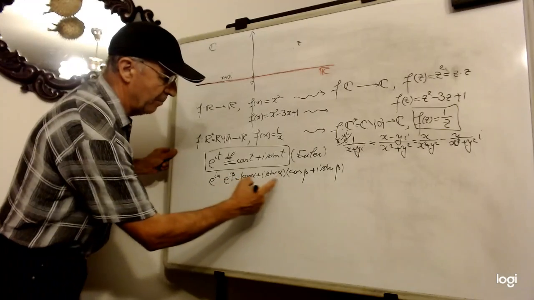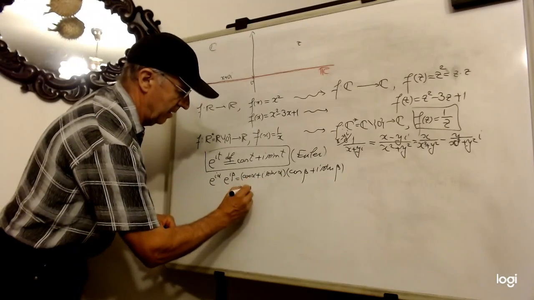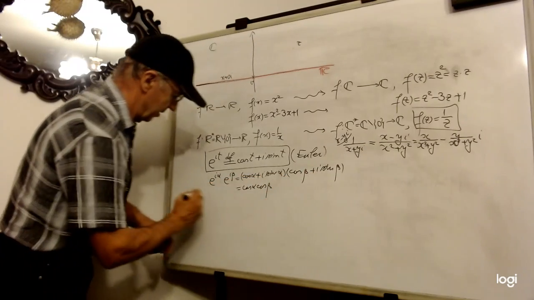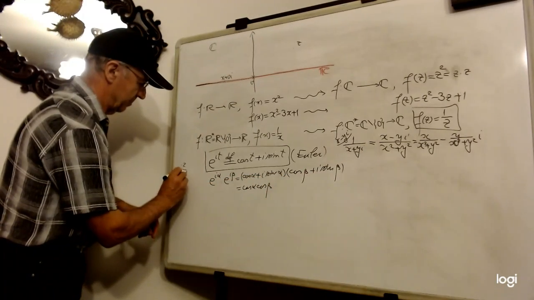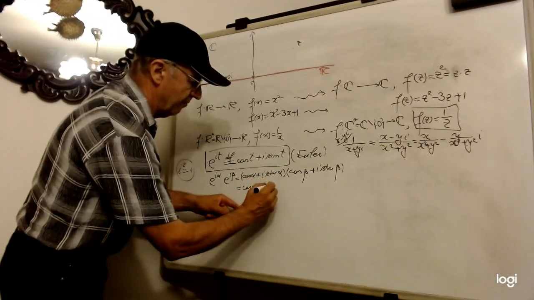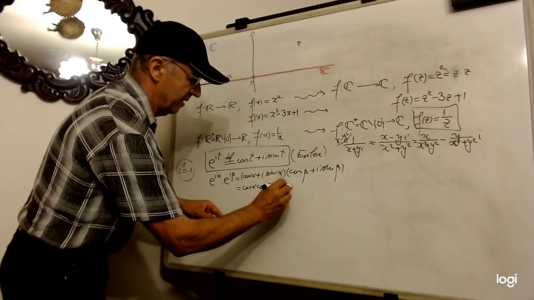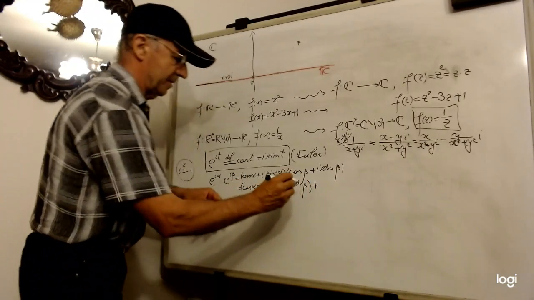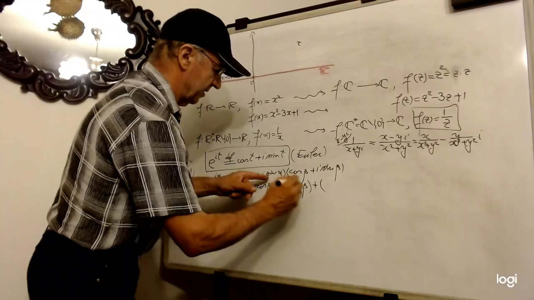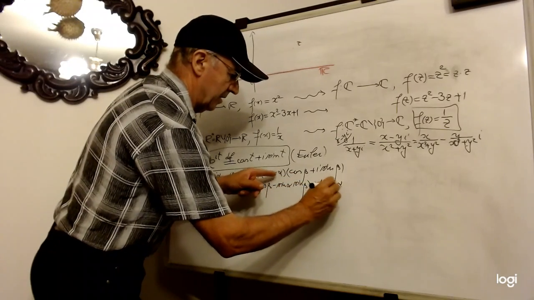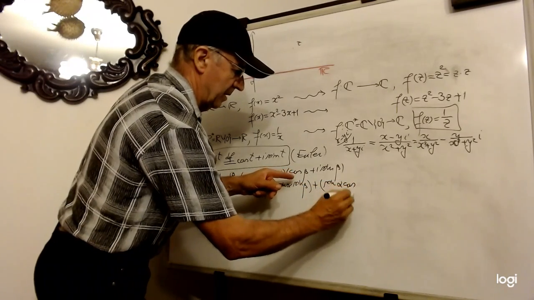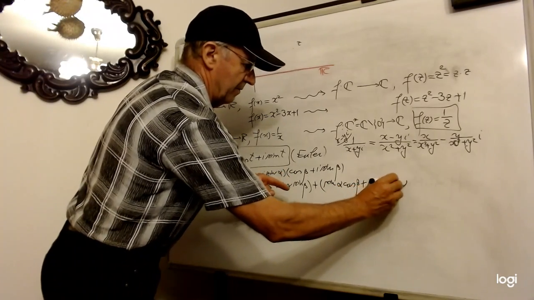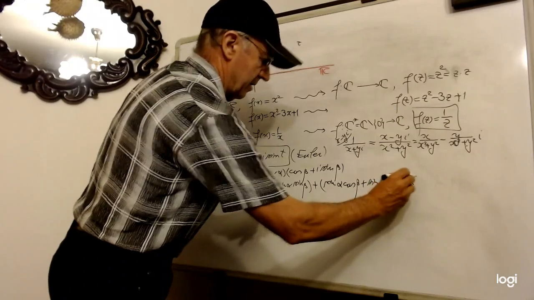The real part is cosine of alpha cosine of beta. The imaginary unit squared, you know, is -1, so we have minus sine of alpha sine of beta. This is the real part, plus the imaginary part, sine of alpha cosine of beta plus sine of beta cosine of alpha, times i.